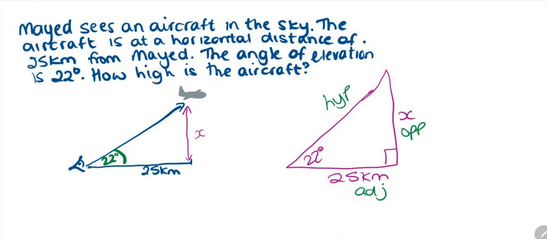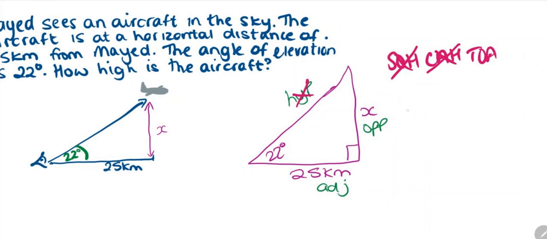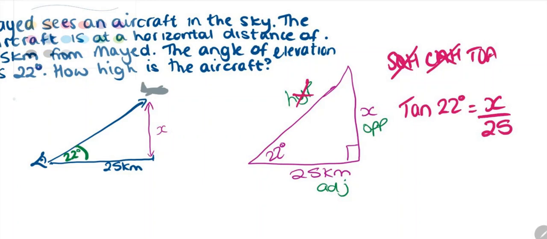So write in SOHCAHTOA. We don't need the hypotenuse, so anything with an H we can eliminate. We're going to use the tan. So tan 22 degrees, opposite is x, adjacent is 25, and we're going to rearrange the formula.